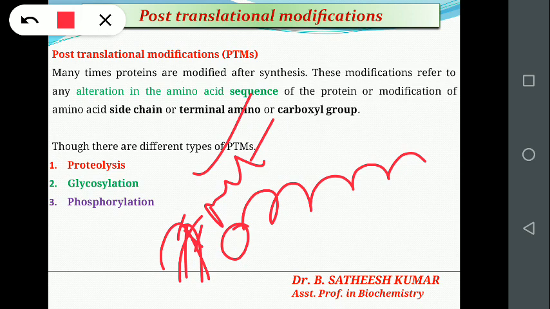We have several different kinds of post translational modifications, and here we have three important modifications we are going to see in this lesson. They are proteolysis, glycosylation and phosphorylation. These are basic post translational modifications that will be taken up by each and every polypeptide chain synthesized, mostly in case of eukaryotes.